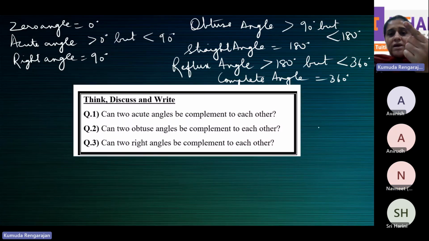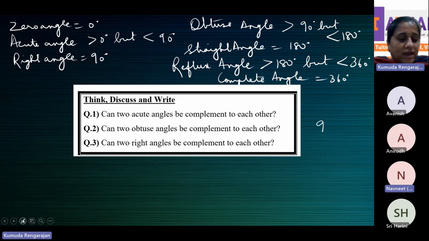So when you take one obtuse angle, that itself will be more than 90 degrees. If you take another angle which is more than 90, how will their sum be 90 degrees? Then how will two angles add up to 90 here? So can two obtuse angles be complement to each other? No, because an obtuse angle measures more than 90. So two obtuse angles cannot be complementary to each other.